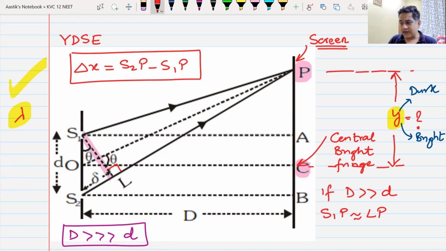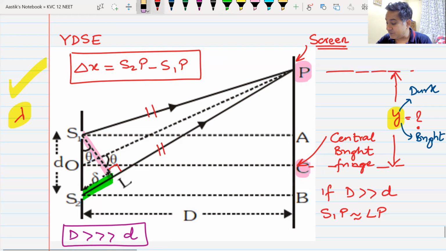Very far, so if I drop a perpendicular, S1P will be equal to LP. Yes, sir. If these two, S1P and LP, are taken as equal because of the large distance, the path difference between the two becomes S2L. Yes or no? Whatever is remaining, that small part. Do we understand this?